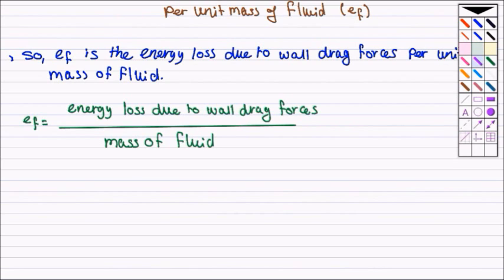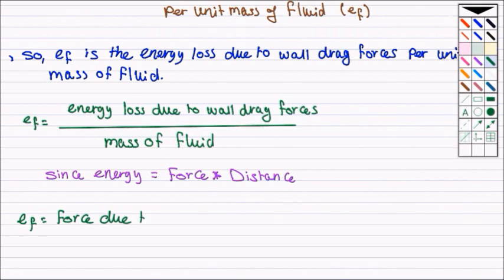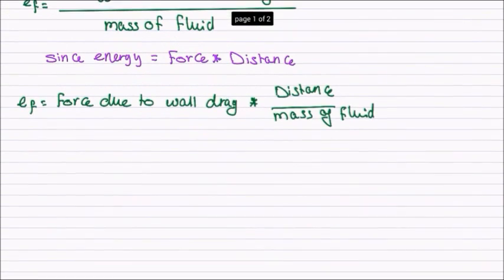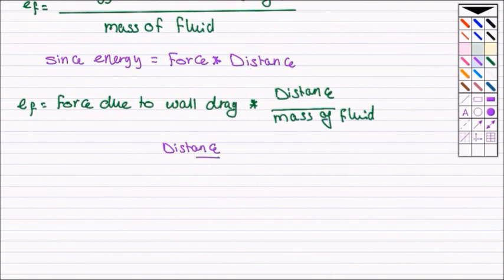Okay, we know that energy is equal to force multiplied by distance. So we can modify this equation: EF will equal the force due to wall drag forces times distance divided by the mass of fluid. We can rewrite distance over mass of fluid as 1 divided by mass divided by distance.